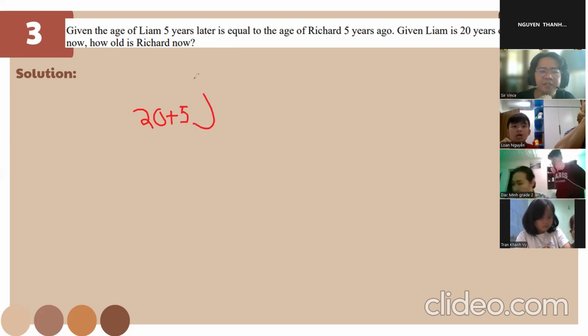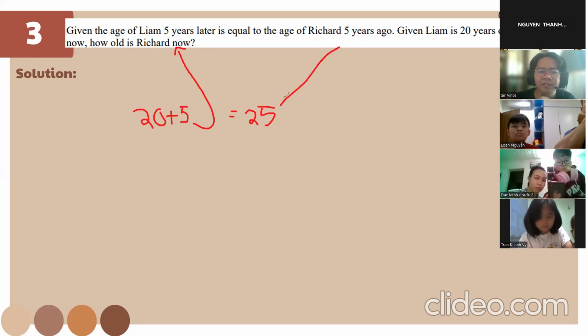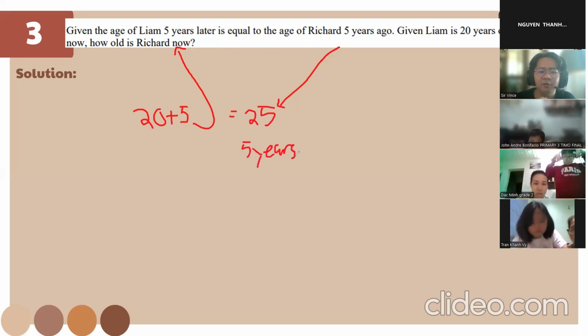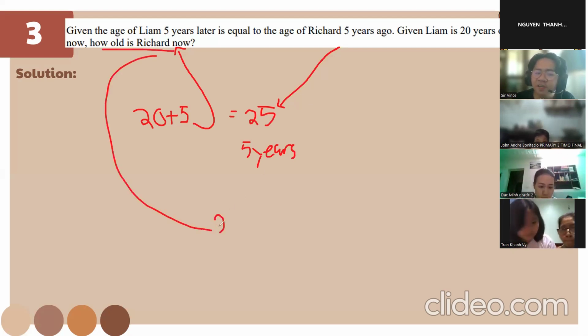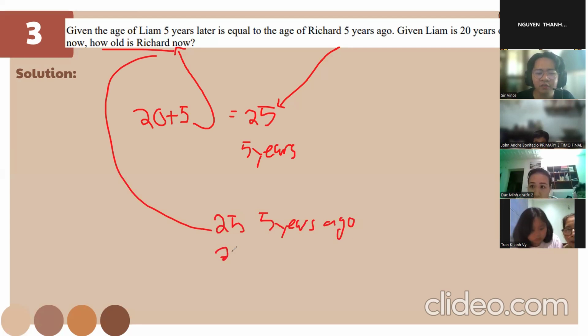This will be the age of Liam 5 years later, which is equal to the age of Richard 5 years ago. So if Richard is 25 years old 5 years ago, to find his age now, it's just 25 plus 5. So we have 30 here.